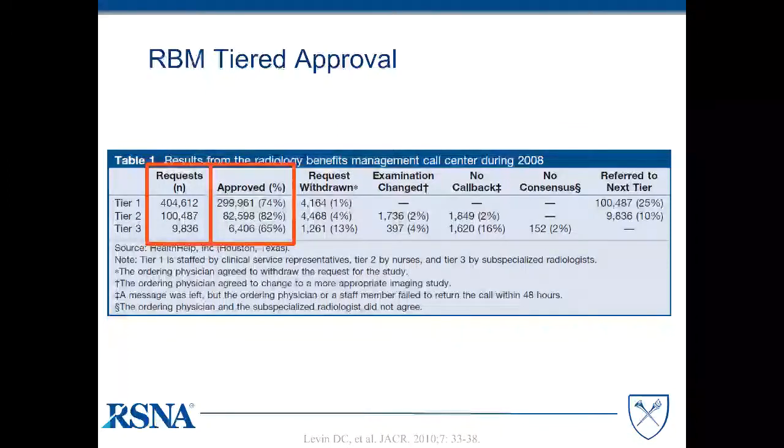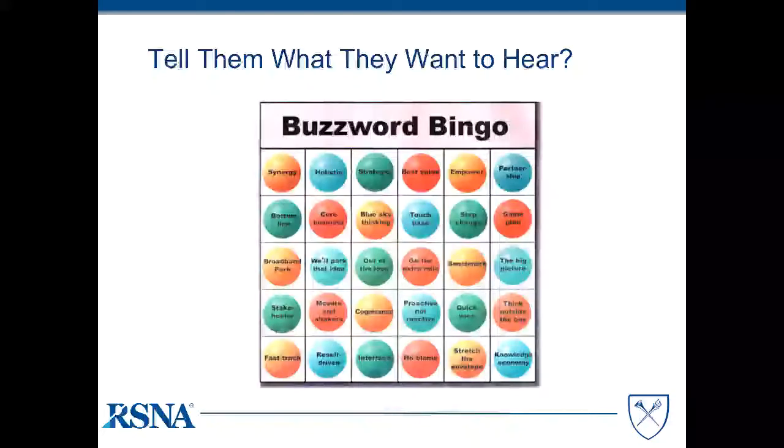One thing to note is that the chances for approval at each level continue to be 2 out of 3 or better, but also that requests increasingly get withdrawn as they work their way up the chain. Perhaps that's because the ordering physician learns more about the test and its limitations and decides it really wasn't the best thing to do. Or maybe because of the bureaucracy, he or she just gave up. Many of the physicians I interact with describe this appeals process as a bit of buzzword bingo.